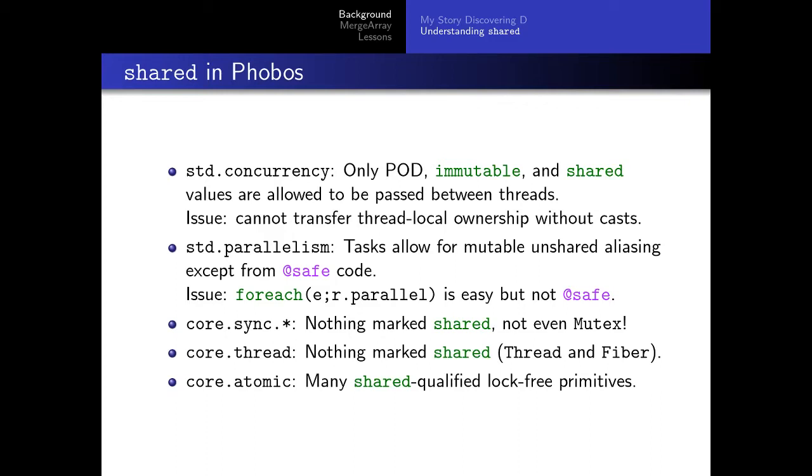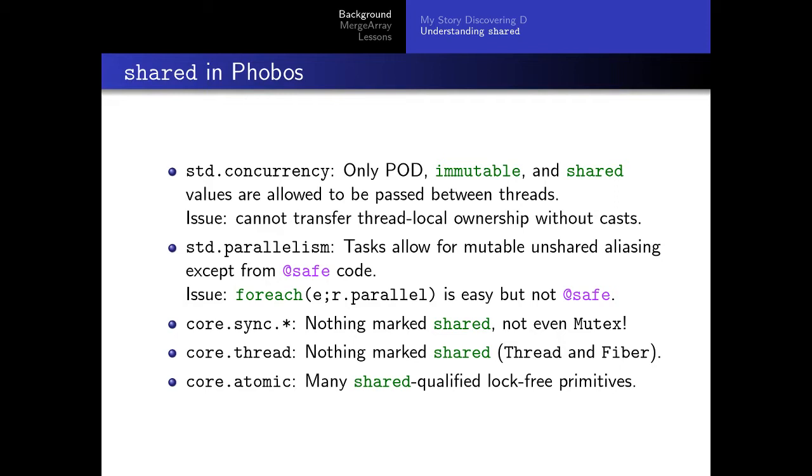As an alternative to standard concurrency, there's std.parallelism, where you have tasks and some easy functions that let you map across tasks or do something in parallel for multiple parts of a range. But the tasks generally allow unprotected, mutable, unshared aliasing of values.